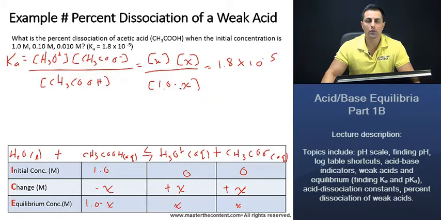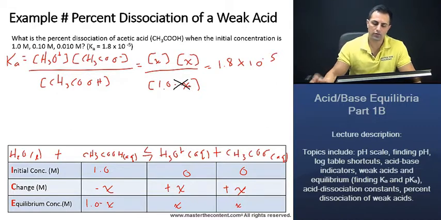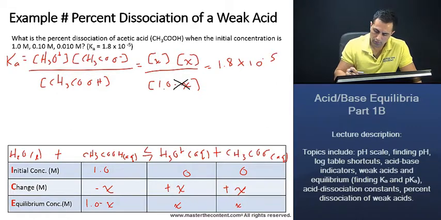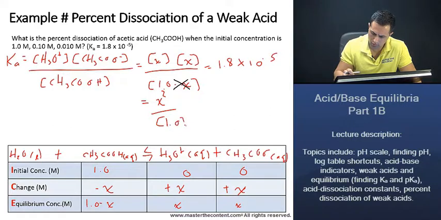Firstly we make the assumption, but whenever x is less than 5% of the initial concentration, in our example here, we're making the assumption that x is actually going to be less than 5% of the initial concentration, then what we can actually do is neglect this amount here, and we can just rewrite our equation as x squared over 1.0, which is equivalent to 1.8 times 10 to the power of negative 5.